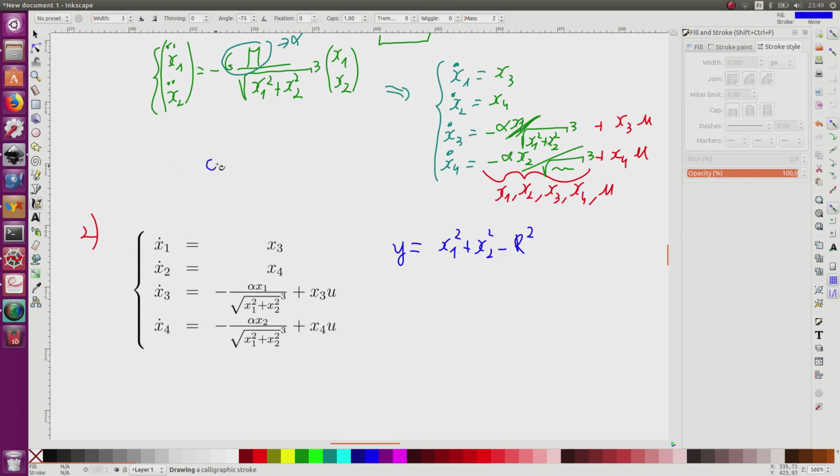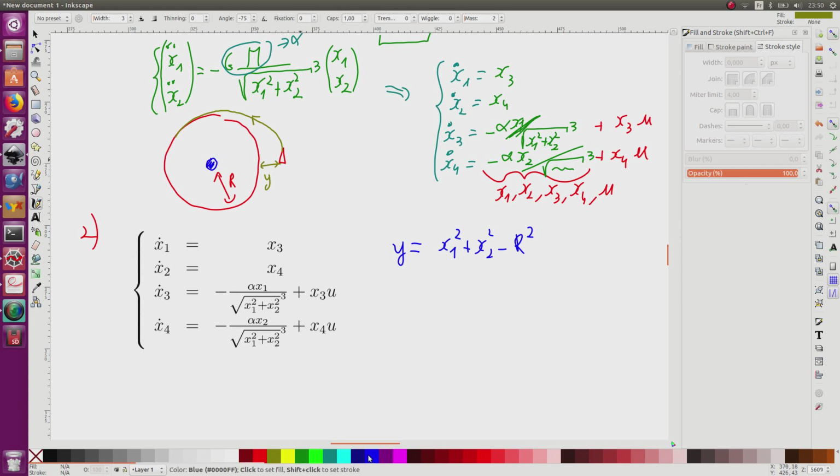If here I have the Earth, and here my circle with radius r, and my satellite is here, for instance, I want my satellite to converge to this circle. In this situation, the error is positive, so y is positive.